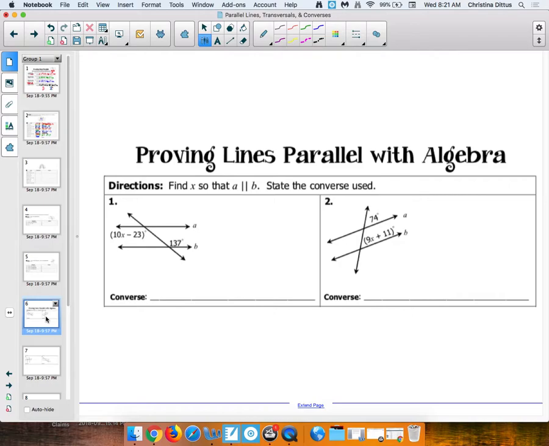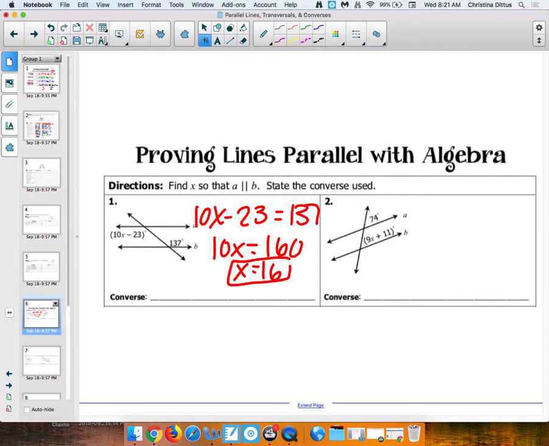So, number 1. How are they related? What kind of angles are they? Alternate interior. Should they be equal or add to 180? Equal, so set them equal. 10x minus 23 equals 137. Add the 23 over and I get 160, which makes x 16.